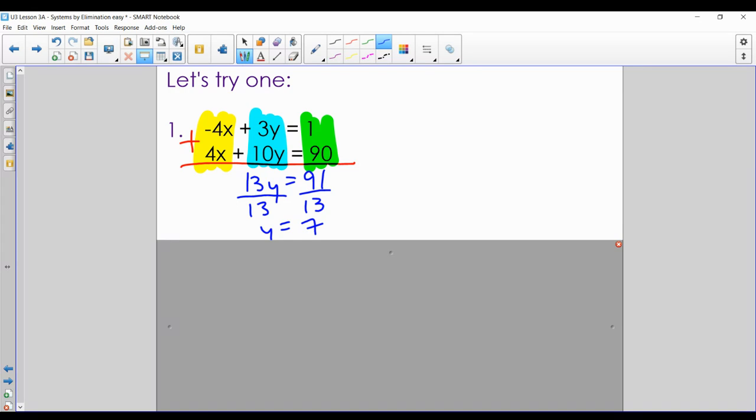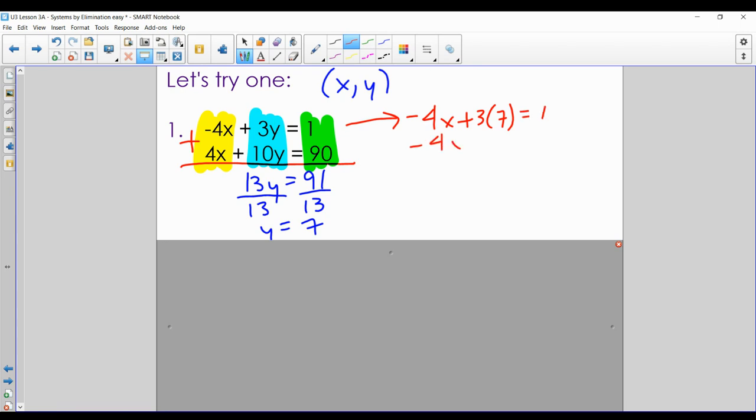Okay, but that's only half the answer. The answer has to have both an x and a y because what we're looking for is the point x, y, where they both intersect. Okay, so what I'm going to do is pick one of those equations. So let's say I'm going to pick the top one. I'm going to rewrite it and substitute in 7 for y.